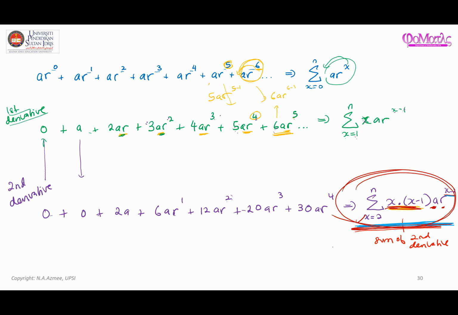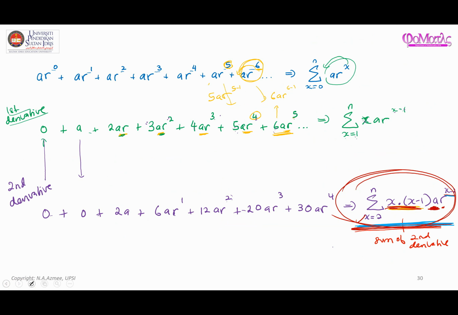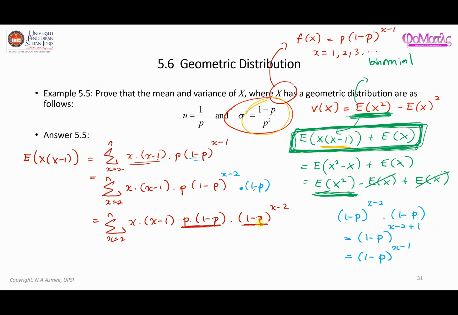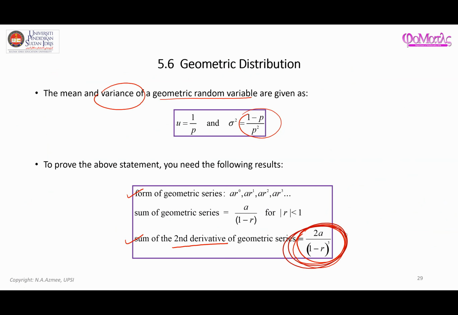Okay, and I hope you can see that a is equal to p(1 minus p), that is a, and then r is equal to 1 minus p, and the whole thing here is the sum of the second derivative of geometric series. So because of that we can apply the formula given here.